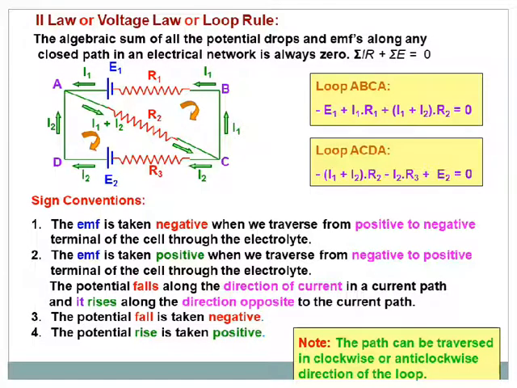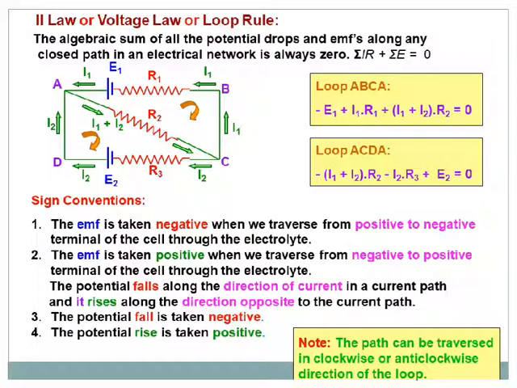So let's see what are the sign conventions in that case. First sign convention is of EMF. The EMF is taken negative when it transfers from positive to negative terminal of the cell. That means if tracing a path in the given manner A, B, C, A, if I am considering from A to B first, in A to B, the EMF is transferring from positive terminal to negative terminal.